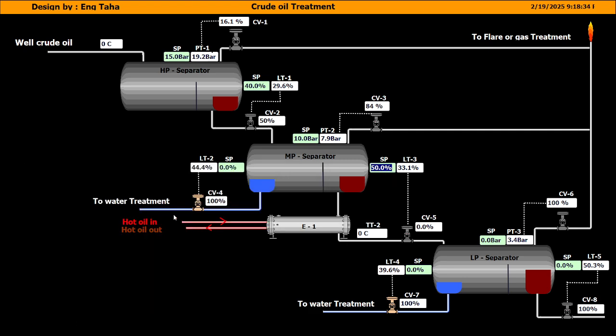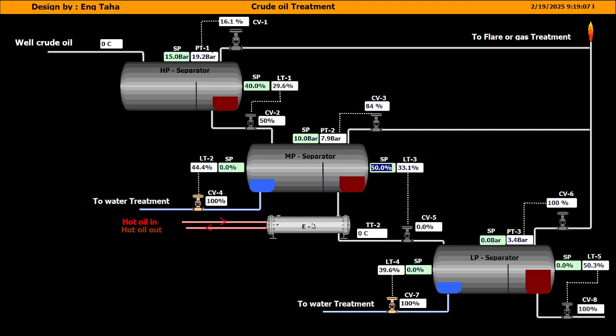And also this is water. I will also control water, because the liquid mixture contains water, gas and crude oil. The gas will go to gas treatment, and the water will go to water treatment.